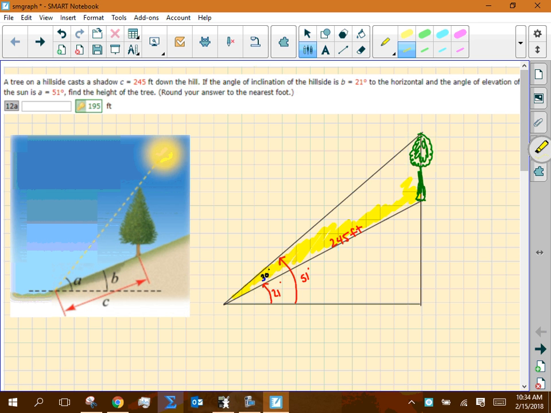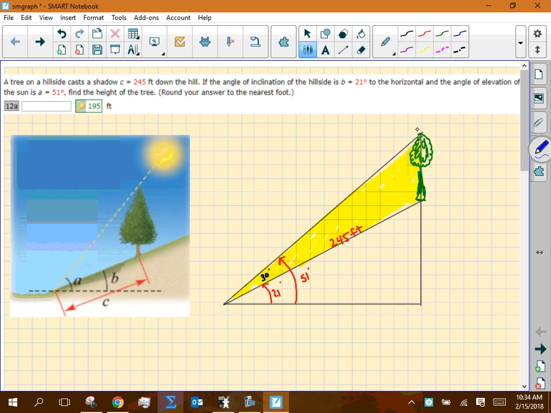You might also consider using SOHCAHTOA here. It might not be too bad to use SOHCAHTOA with the entire right triangle. But I'm going to do a little bit of work that allows us to directly use the law of sines.